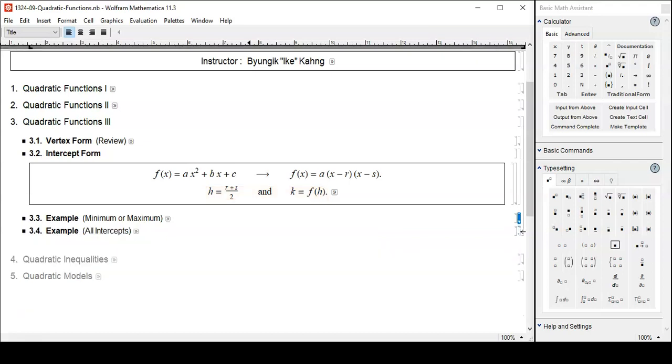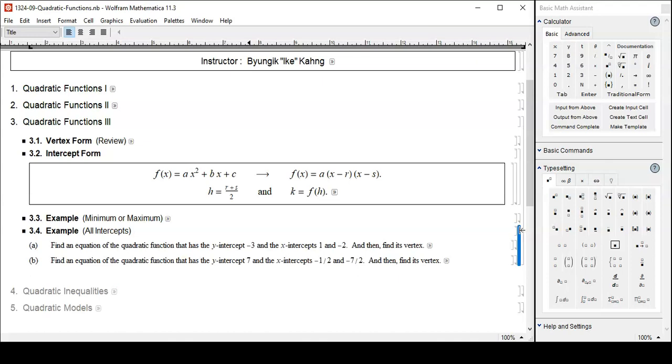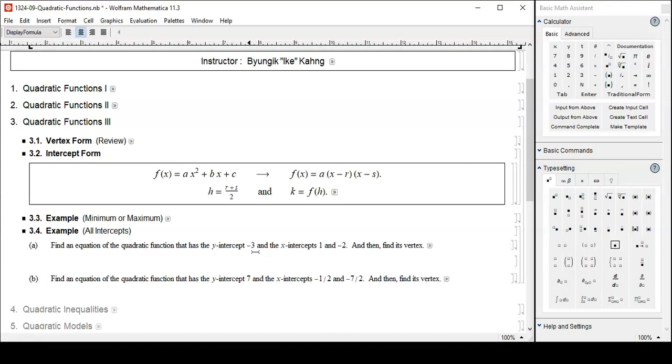Now let's focus upon the next type of problem. This time, instead of the vertex or the minimum maximum, let's look at the y-intercept. Y-intercept is -3. Y-intercept is 7, kind of like that. Okay, how does it work?